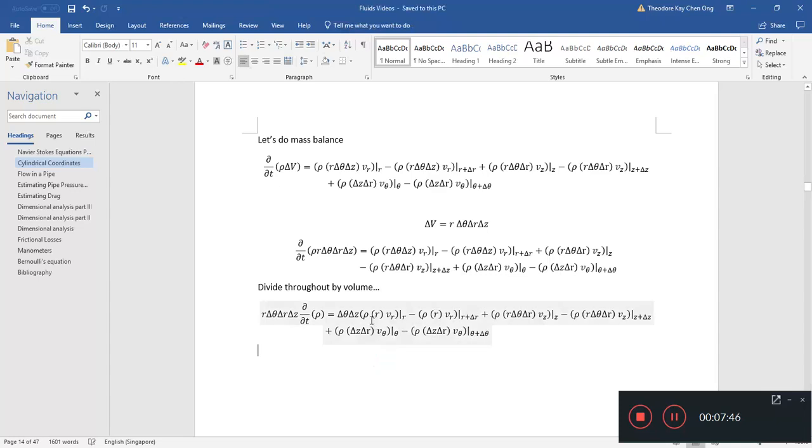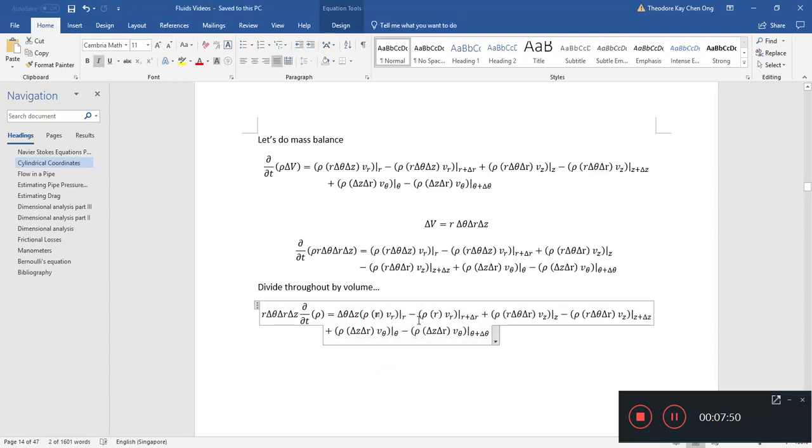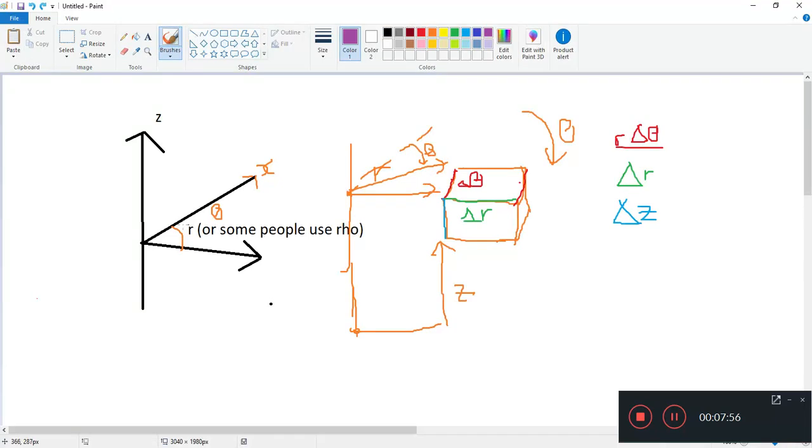However, we need to note that r obviously varies with r, so we cannot take r out. We have to leave r inside. So what do I mean by that? What's the value of r here? It is r. And what is the value of r here? It is r plus delta r.